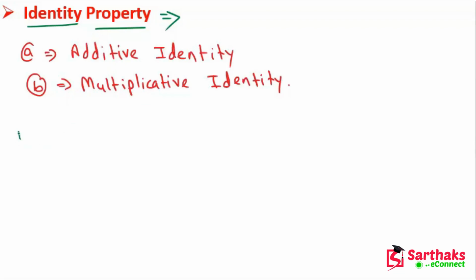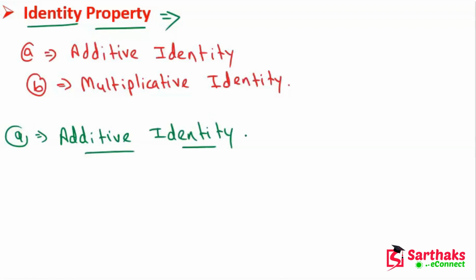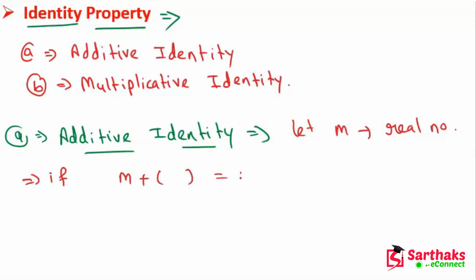First is additive identity. What is additive identity? Let's suppose we have a number m, which is a real number. Additive identity is that number which, if we add it to m, gives m.